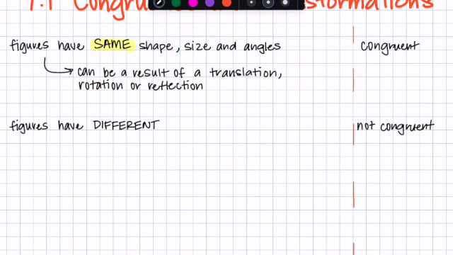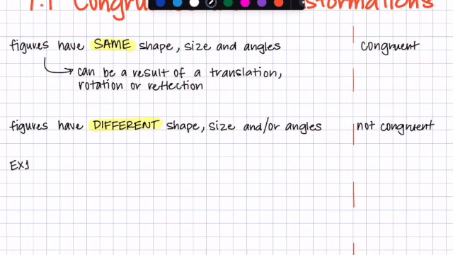So your definition again: figures have different shape, size, and or angles. And we're going to do some examples together of what this actually looks like.